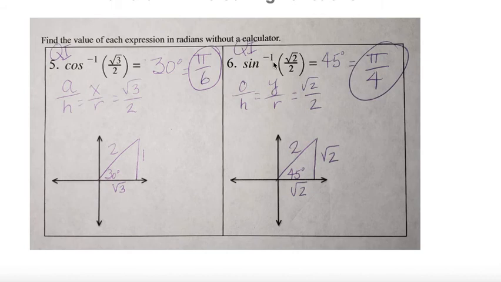And sine inverse of root 2 over 2 is like asking what angle measure has a sine ratio of root 2 over 2, or y-coordinate over the radius is root 2 over 2, or opposite over hypotenuse, opposite that angle, root 2 over the hypotenuse 2. That happens on a 45, 45, 90 triangle. Sine is positive in quadrant 1. It has to be quadrant 4 or 1. And in this one, we knew it had to be quadrant 1 or 2, and cosine is positive in quadrant 1. Hopefully that helped you.